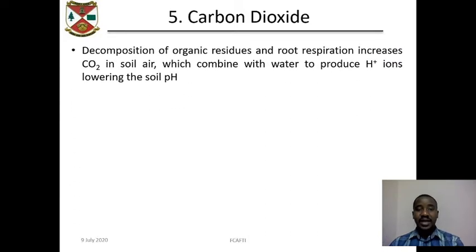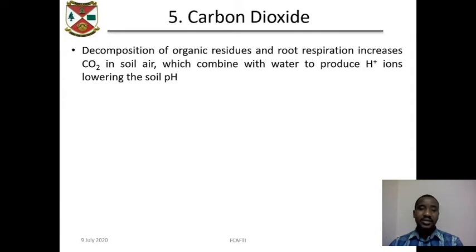Okay, now decomposition of organic residues and root respiration increases carbon dioxide in soil, which combines with water to produce hydrogen ions, lowering the soil pH.